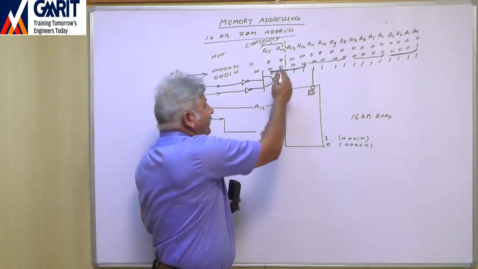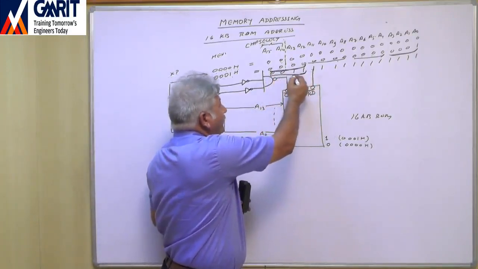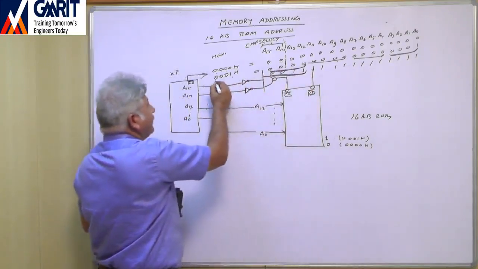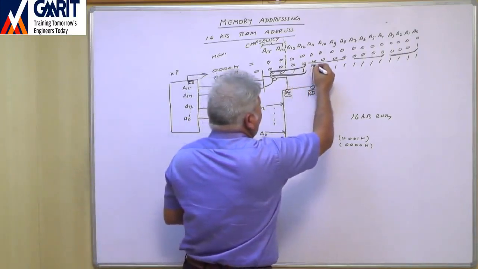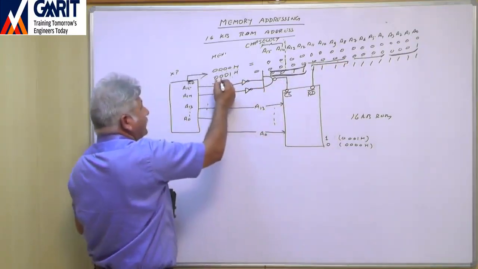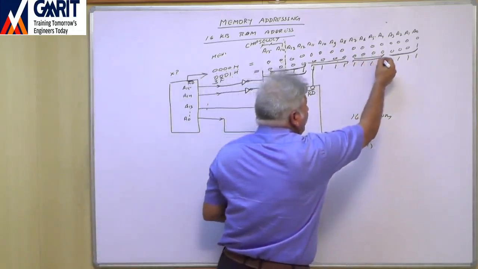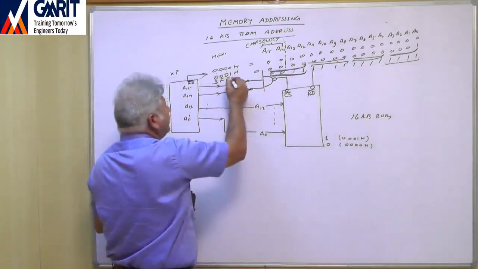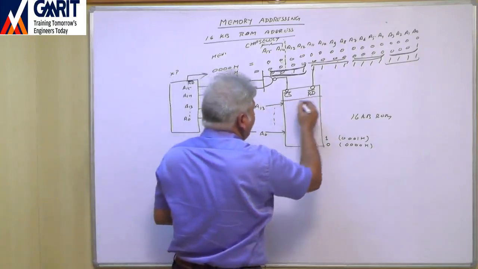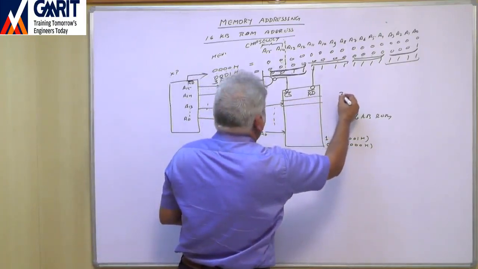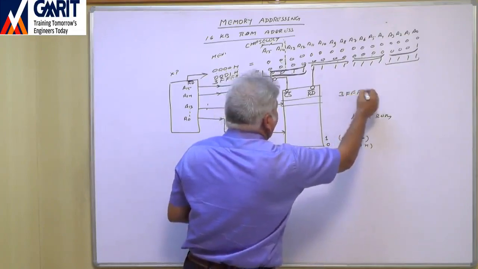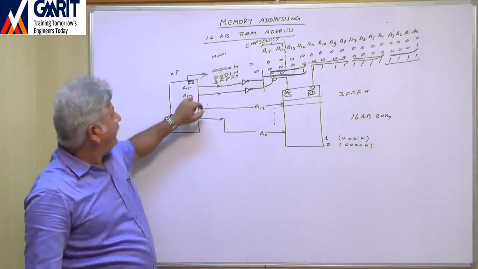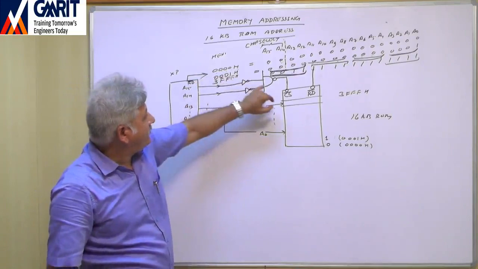So what is this address now? 0011 in hexadecimal, with weights 8421, means 3. After this, 1111 is F, 1111 is F, and 1111 is F. So the last location address will be 3FFFH.